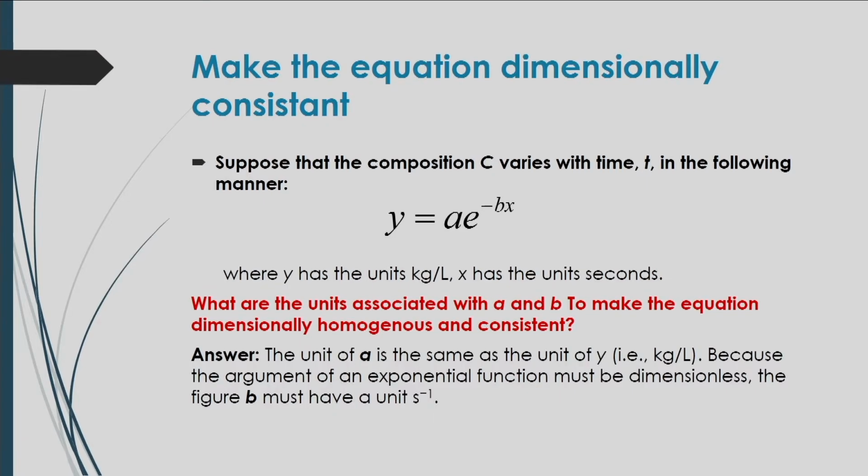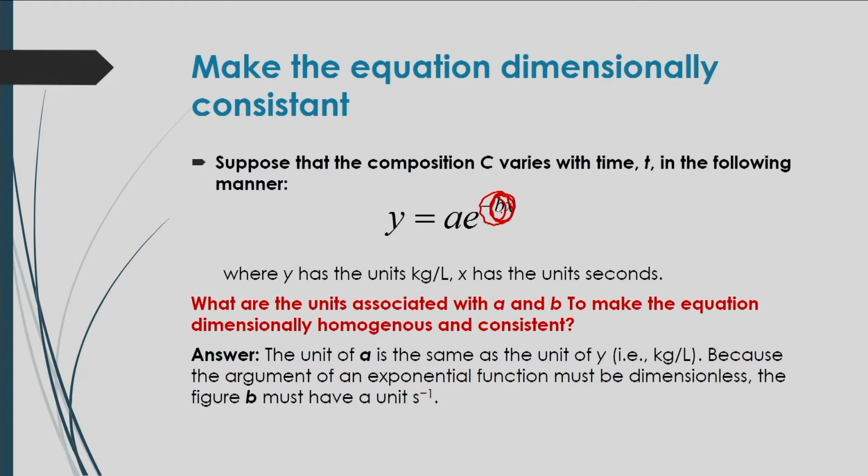Now, as we know, exponents will not have any dimensions. So, if you are following that law here, the dimensions of b should be such that the exponent has no dimensions. How to do that?